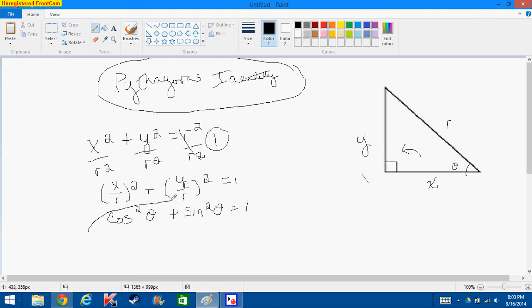This is perhaps one of Pythagoras' most simple identities. It will prove very useful later on in our further discussions of trigonometry and pre-calculus, but for now, I just want you to recognize how significant this is.